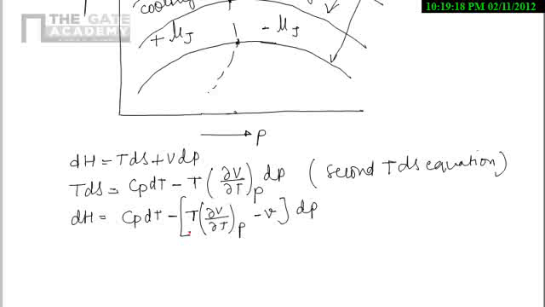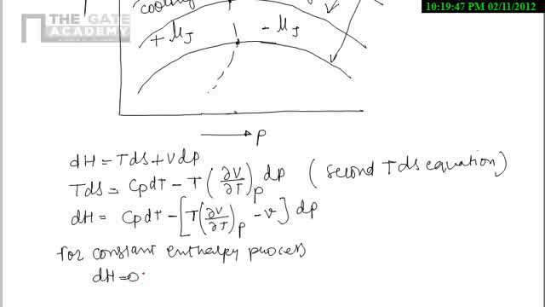For a constant enthalpy process, dH will be 0.